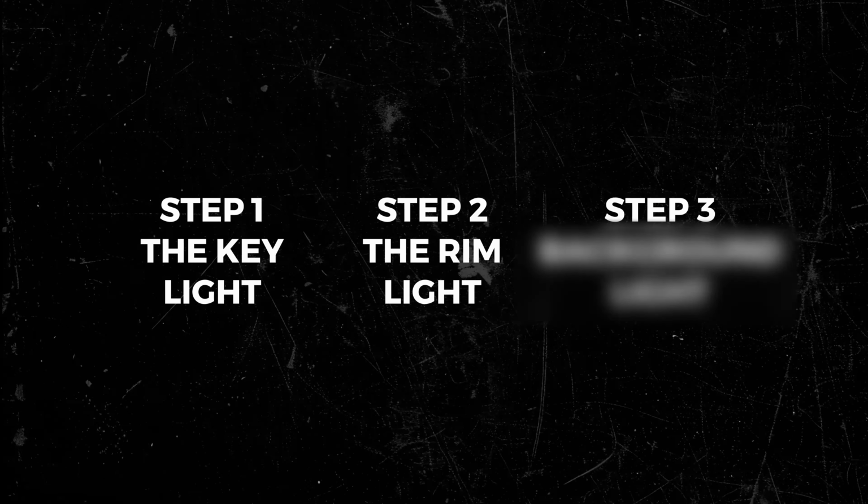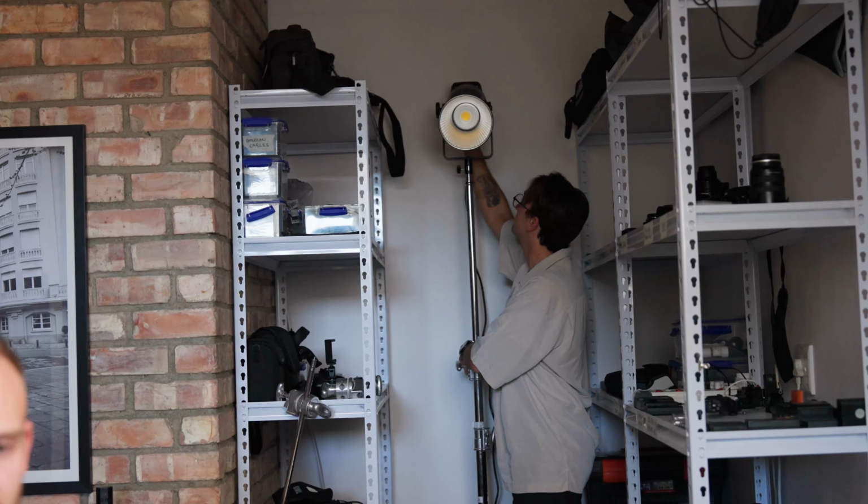The second step of this lighting tutorial is using a rim light or a kind of side light. We used another Godox 200 watt light as a side light. You can see how it's falling onto the edge of Tim, behind him, especially there on his head and his face.